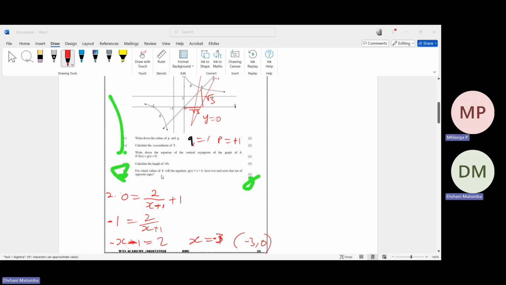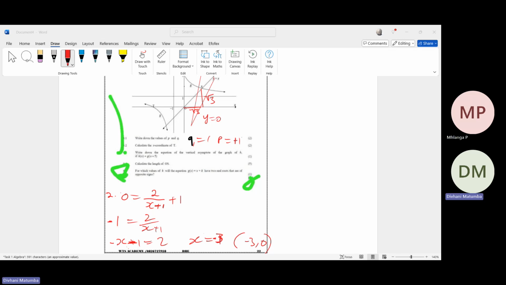For what values of k will the equation g of x equals x plus k have two real roots that are of opposite signs? Is he saying for which values of k will the equation x plus k have two roots that are of opposite signs?